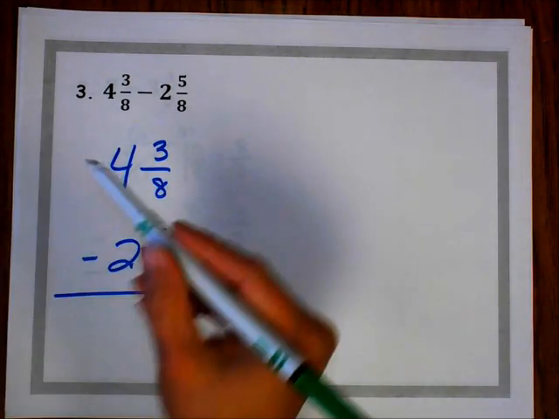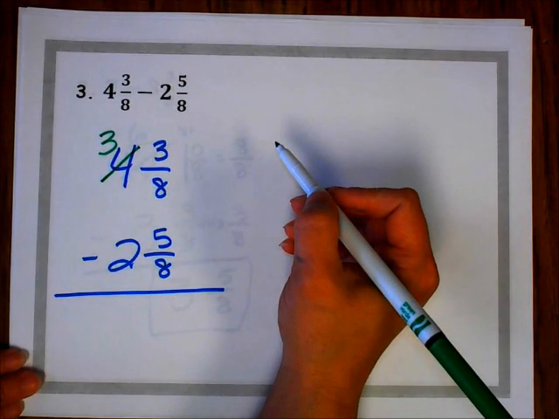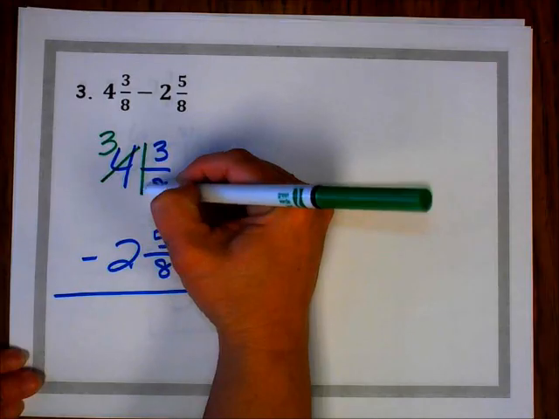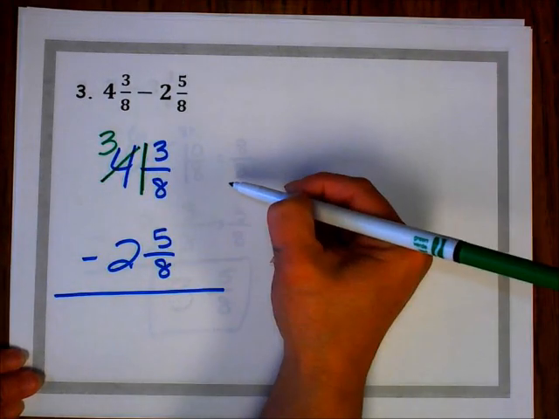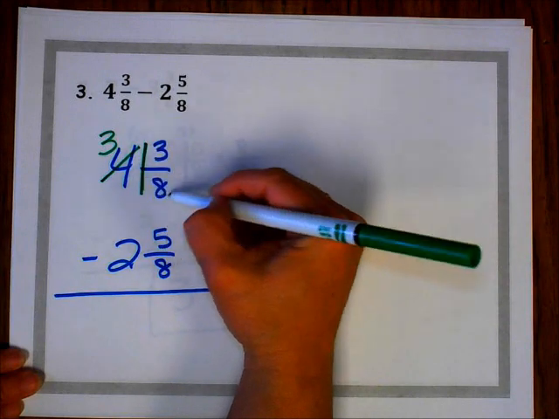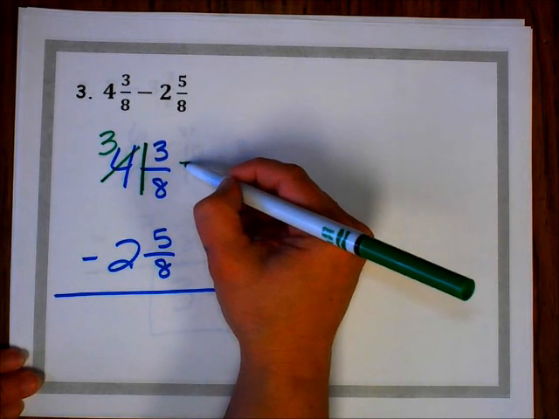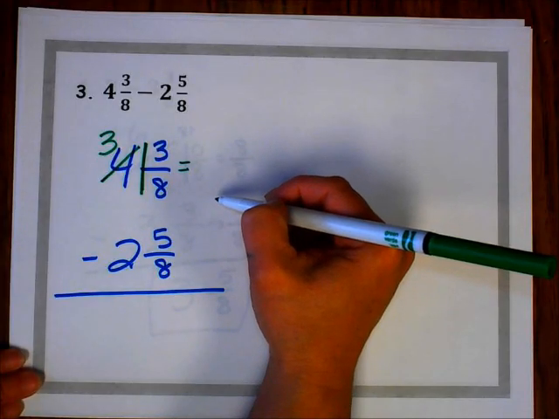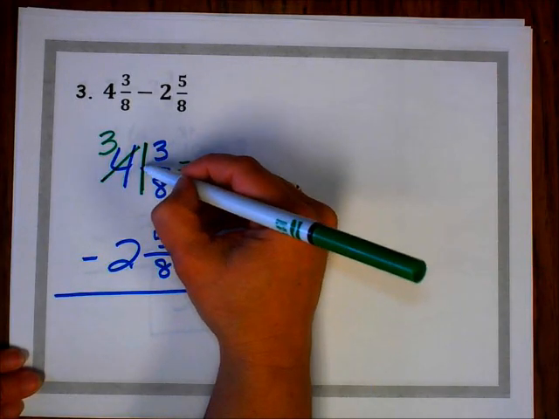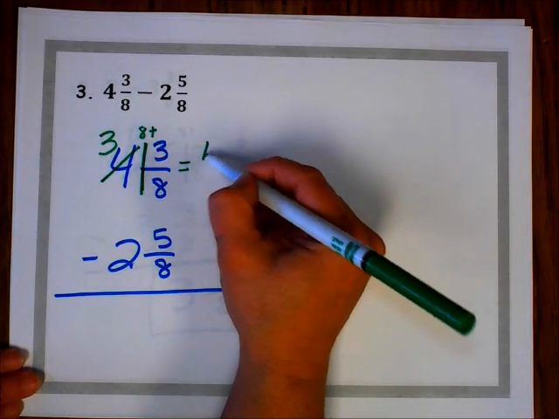I borrow from the 4. The 4 becomes a 3. And I just borrowed 1 whole. So put your 1 whole. Now, in order for 1 3/8 to be useful to me, I need to write it as an improper fraction. So I'm going to go around the world. 8 times 1 is 8. 8 plus 3 is 11.